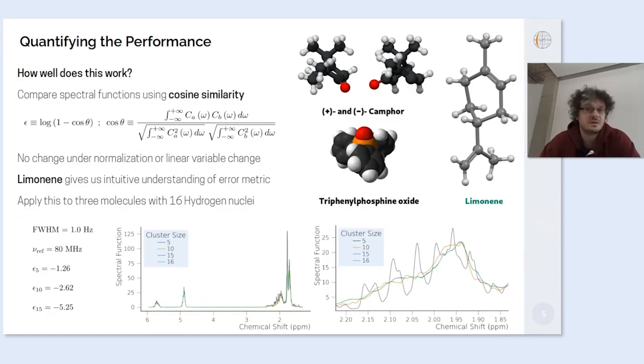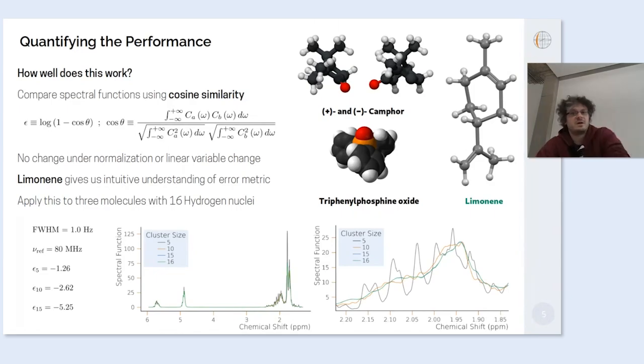And I would say that we see relatively poor, then good, and then excellent agreement, respectively, which corresponds numerically to error values of about minus 1.26, minus 2.62, and minus 5.25.